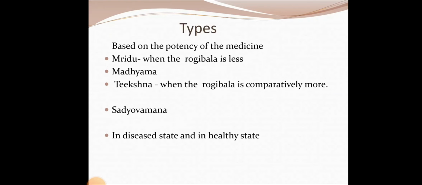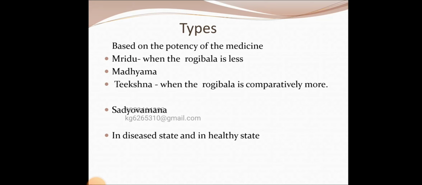Coming to the types, based on the potency of the medicine, mridu, madhyama, and tikshna are mentioned. In the last chapter of Charaka Kalpasthana, you can go through the different recipes according to potency. Mridu is used when the rogi bala is less, tikshna when the rogi bala is comparatively more, and madhyama is in the middle.